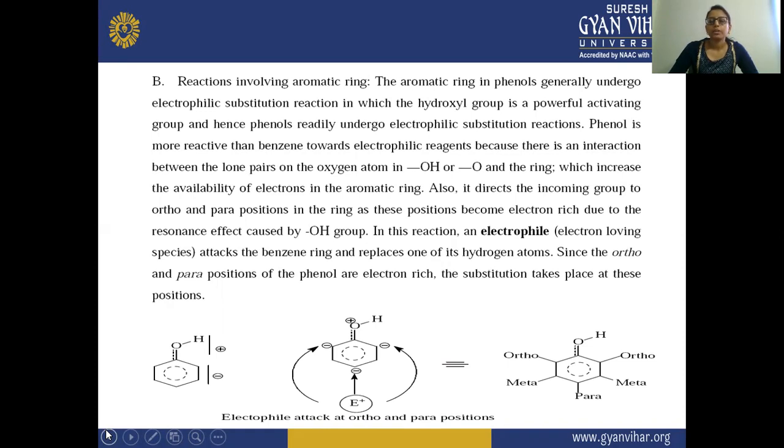The aromatic ring in phenol generally undergoes electrophilic substitution reaction, in which the hydroxyl group is a powerful activating group, and hence phenol readily undergoes electrophilic substitution reaction. It means that in phenols, the aromatic rings undergo electrophilic substitution.